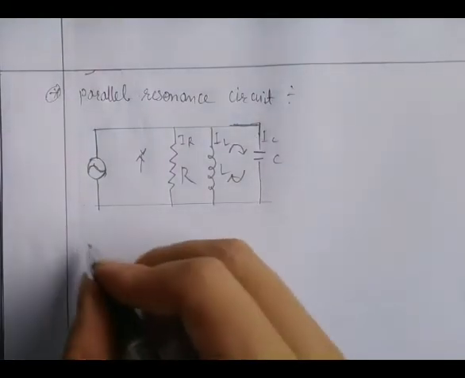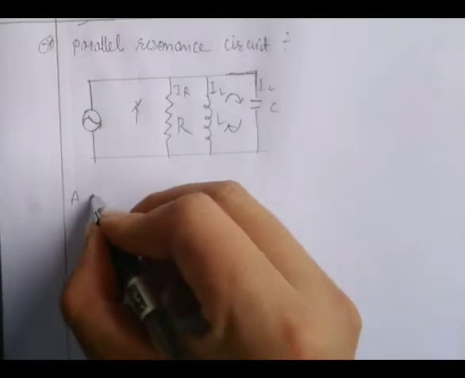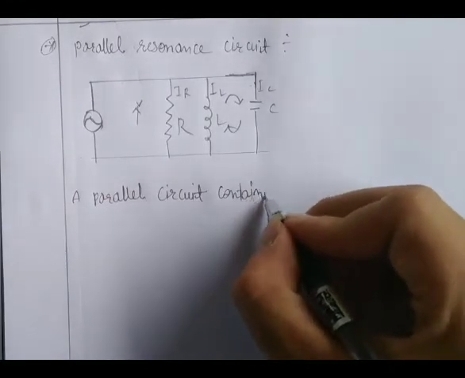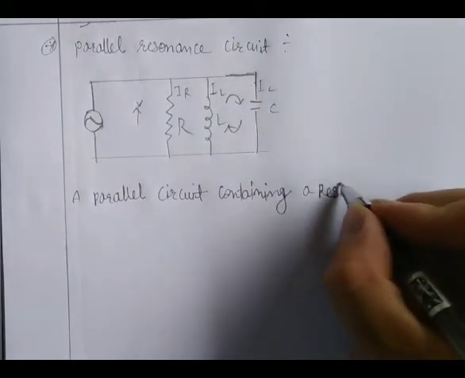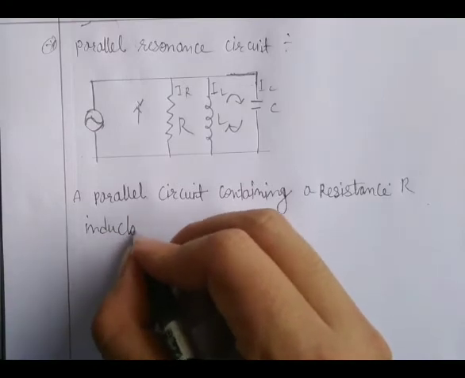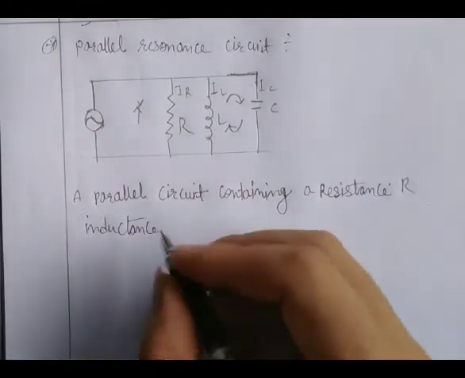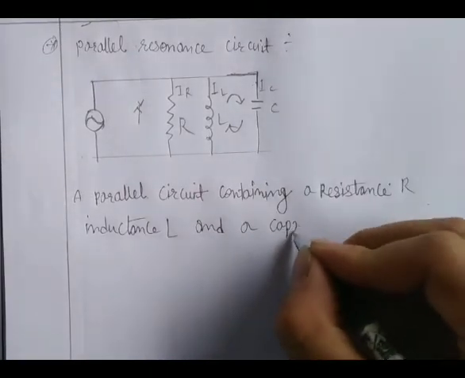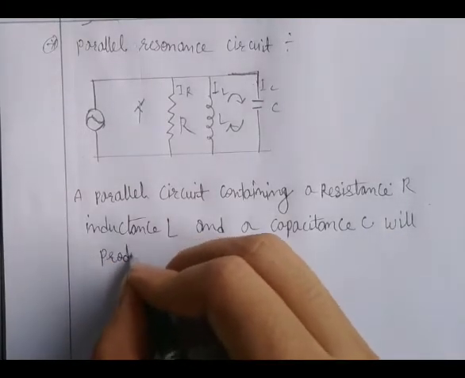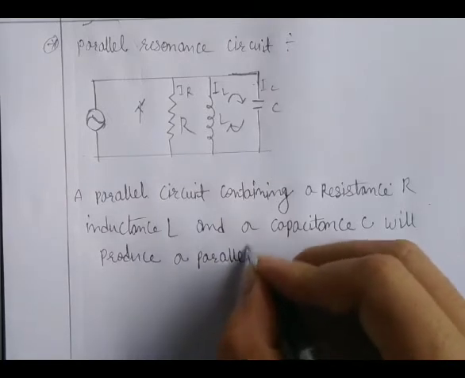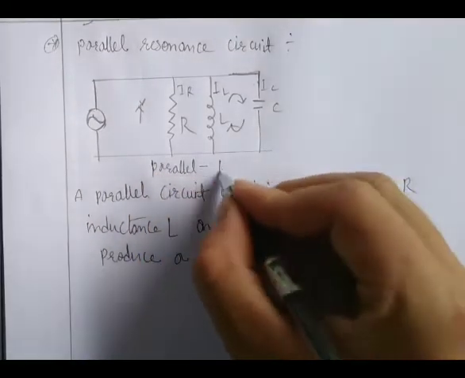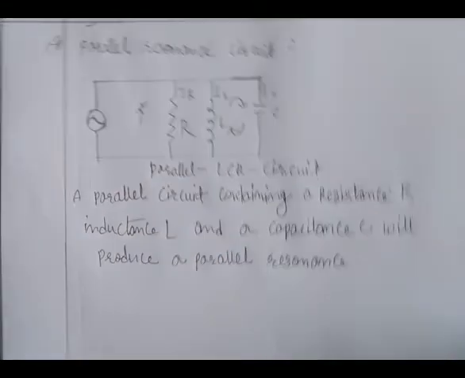So a parallel circuit containing a resistance R, inductance L, and capacitance C will produce a parallel resonance, and this is the diagram of a parallel LCR circuit.